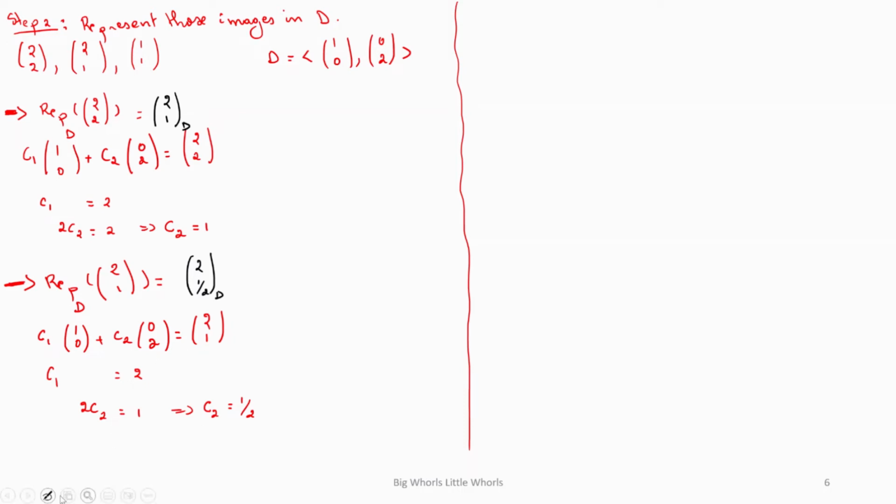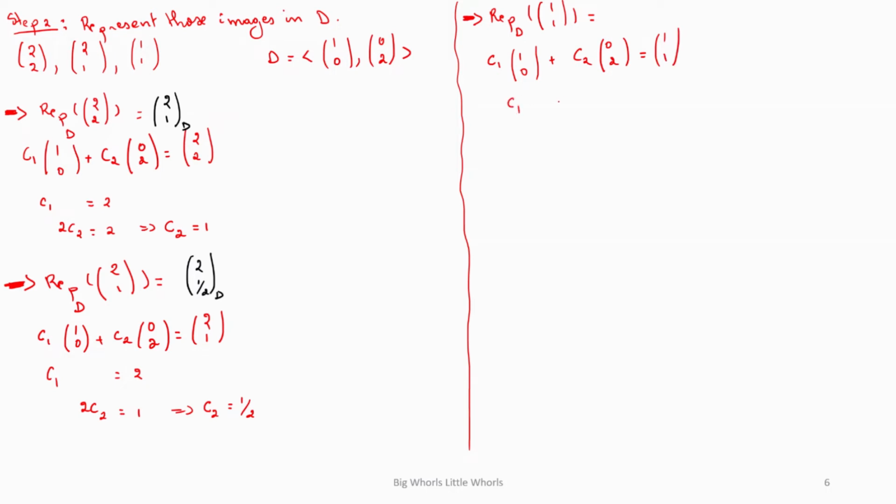Okay, so let's represent the last image, the representation with respect to D of (1, 1). So we have C1 times (1, 0) plus C2 times (0, 2) equals (1, 1).